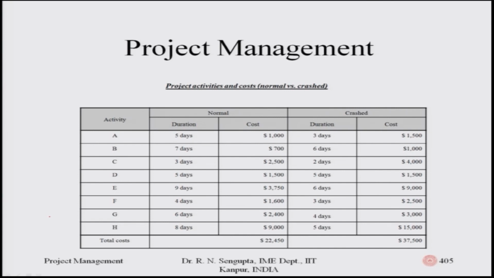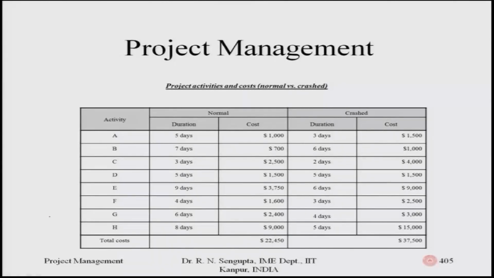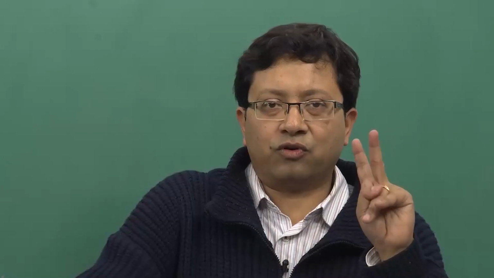So, the costs are considering the fact that you have the practical implication of the problem in front of you. Now, you want to crash it, so all of them would be crashed accordingly. If you crash it, you will find that A can be crashed from 5 to 3 days, not beyond that. So, obviously, there is a limitation for the maximum crash. The number of crash days for A is 2.